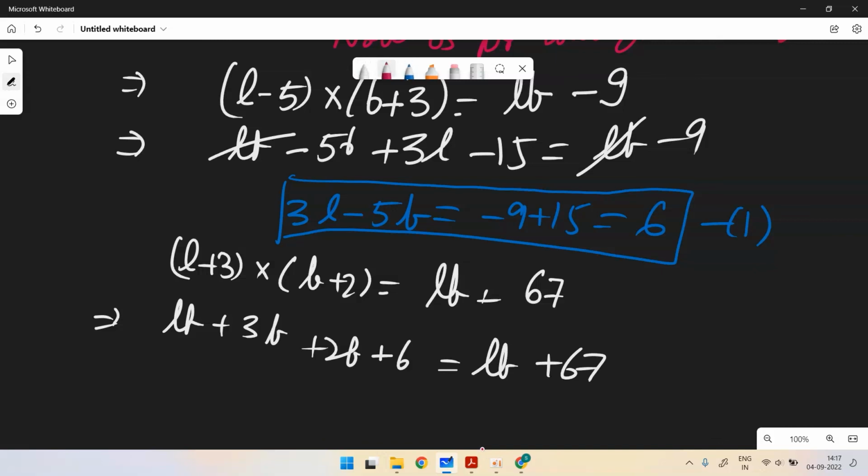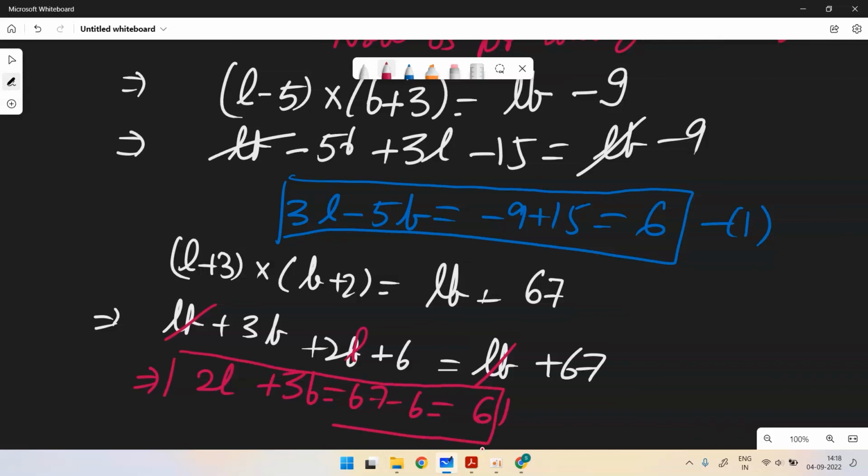Now this cancels, and this is 2L, this is not B, this is L. So 2L plus 3B equals 67 minus 6, which is nothing but 61. This is the second equation.